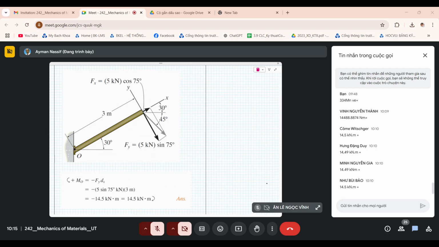So this is just to show you different ways of solving the same problem. It depends on what you need to achieve in the problem. Later on, we're going to look at what's happening inside the material when you have these axial forces. So if you're just interested in the axial effect on this element, you are more interested in this component of the force acting along the axis, and so on.